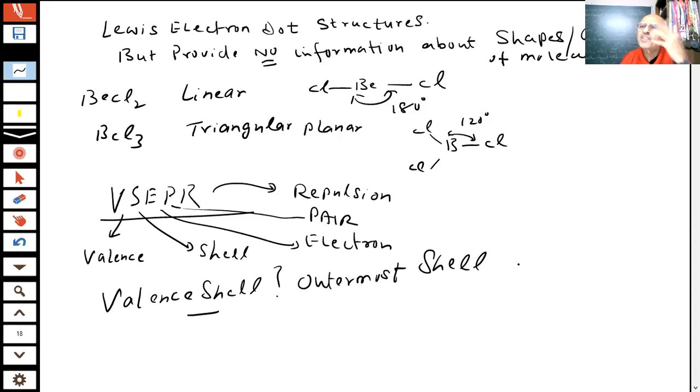In an atom, there are shells and electrons are orbiting around the nucleus, and the outermost shell is where they will participate in the chemical bonding, students, because the inner electrons are tightly held by the nucleus. So those electrons which are present in the outermost shell, we are saying valence shell. That is where the reaction will take place. That is where the electron will be shared or transferred to other elements, or that is where electrons can come.